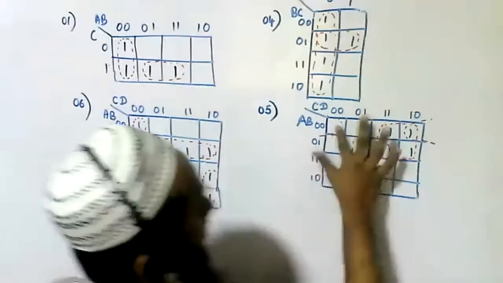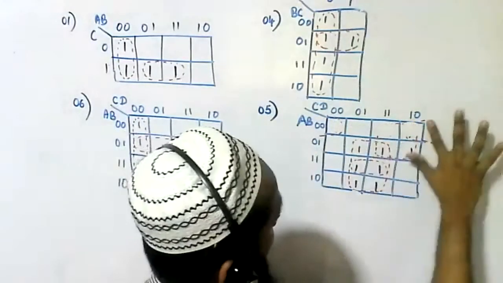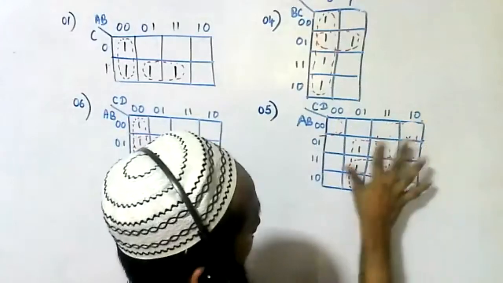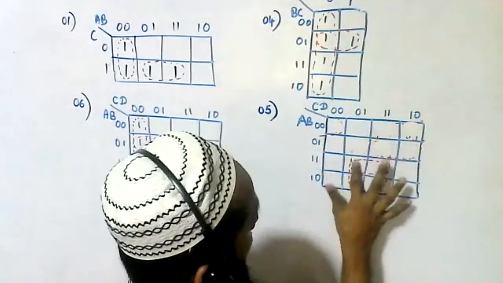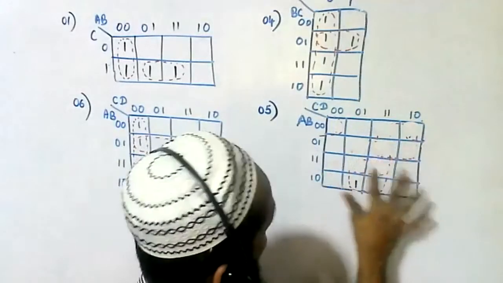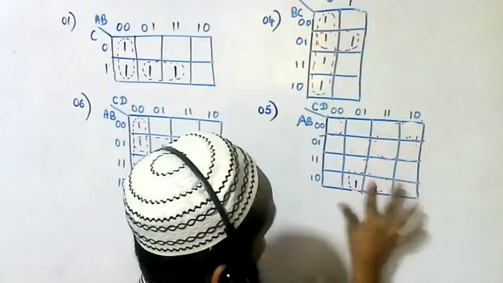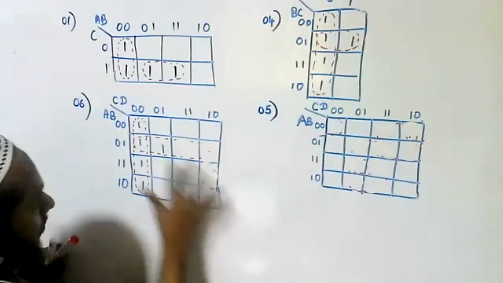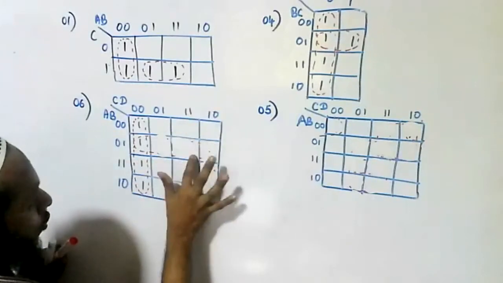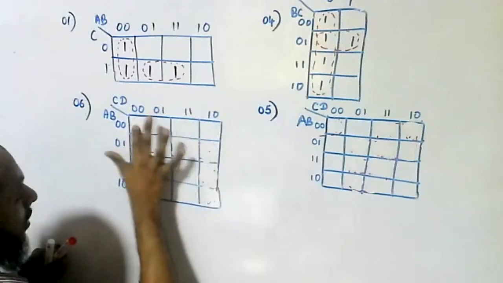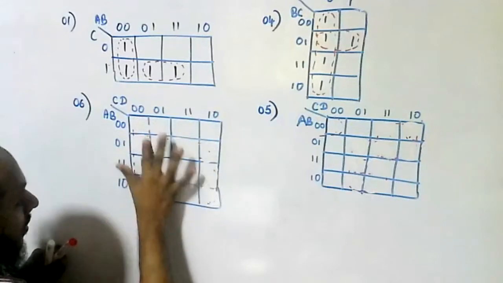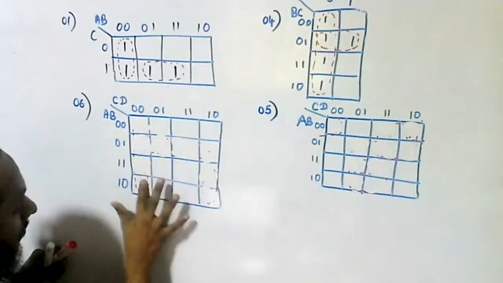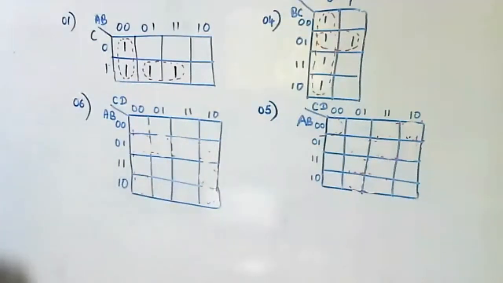I'll give 4 variables. That means we need 16 cells. I'm using these 2. So while you are grouping, you have to remember the rules. They're very easy rules. I'll give like this.